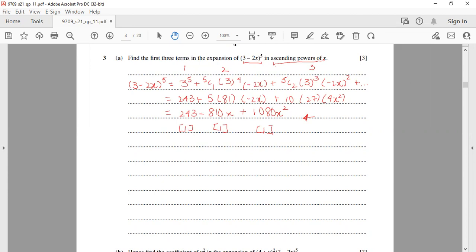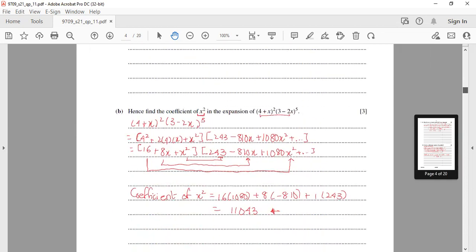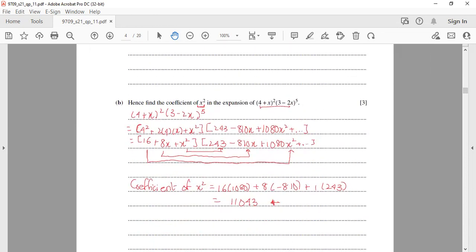And for part B, you will get one more mark for the correct expansion of (4 plus x) whole squared. You get one mark for finding one term that can give x squared and one mark for the correct answer.